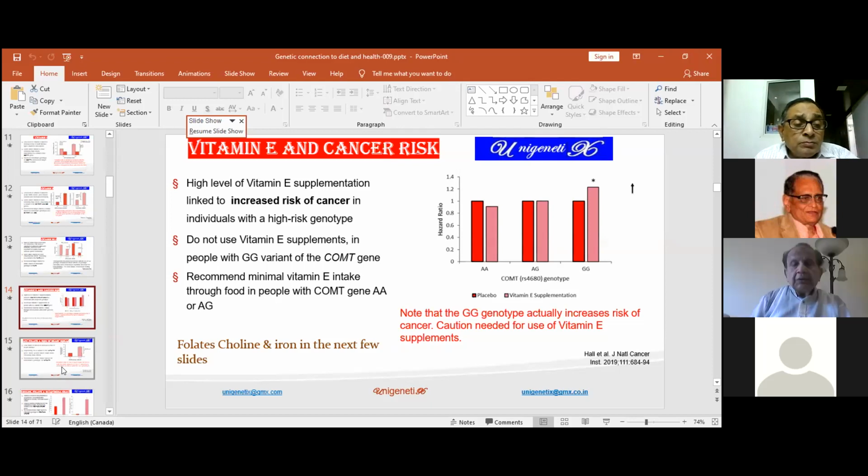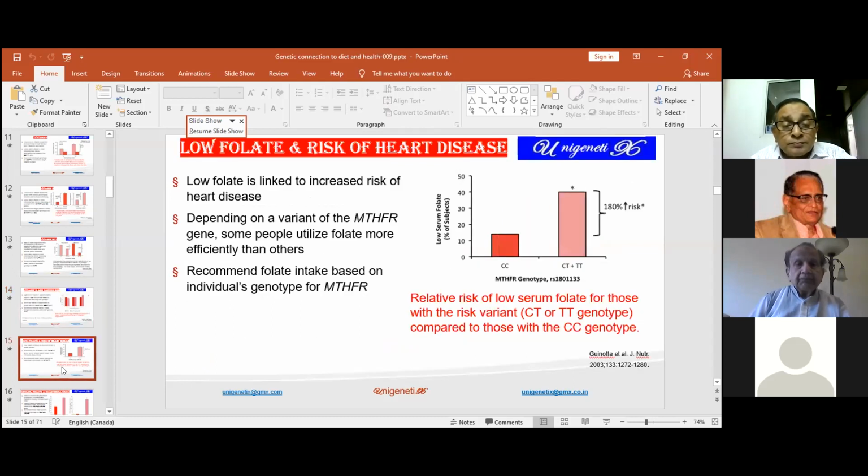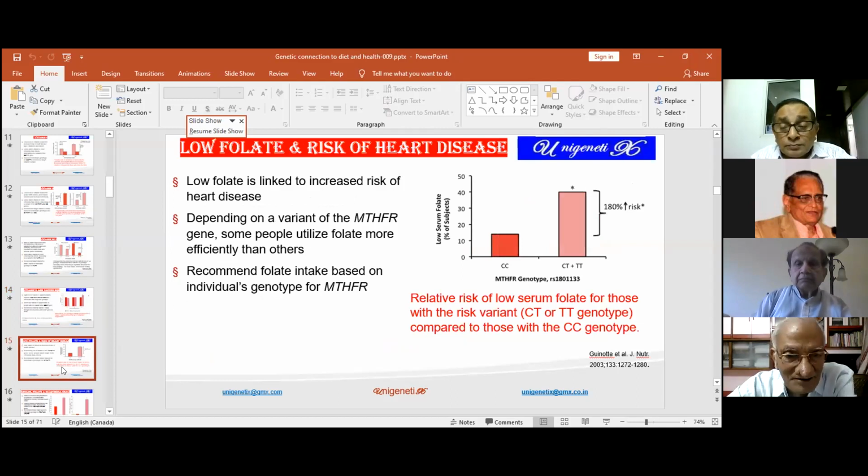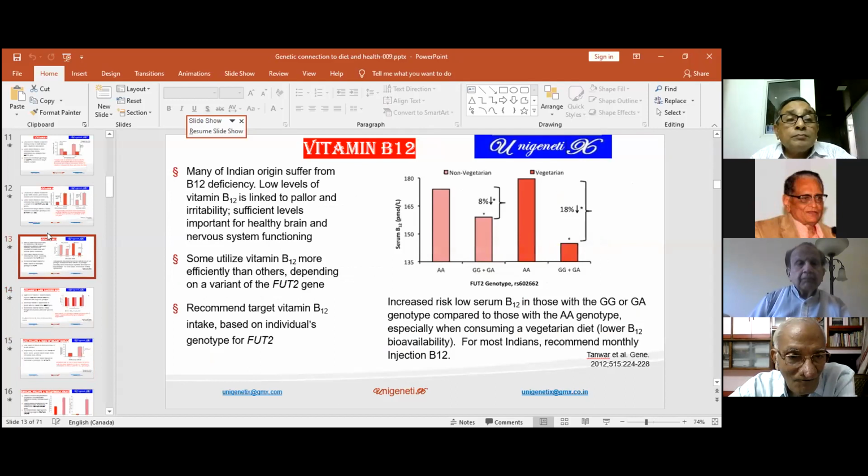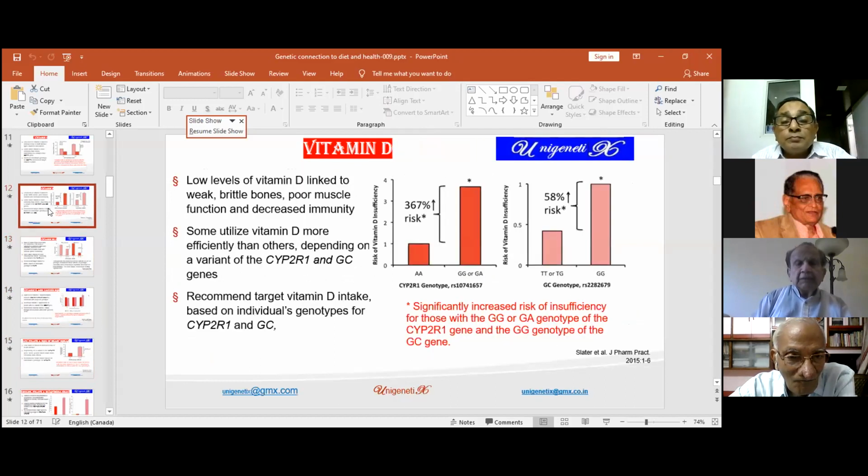So instead of blindly prescribing or letting people take vitamin D, vitamin E, you have to make sure that there is no GG variant of the COMT gene. And what about vitamin D? You have just skipped. Vitamin D has got two genes, CYP2R1 and GC genes.